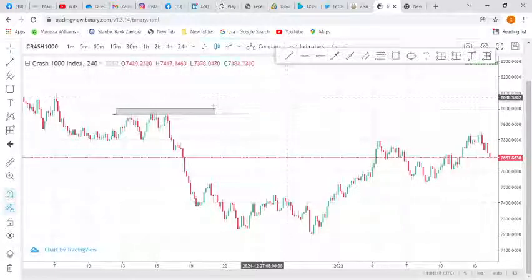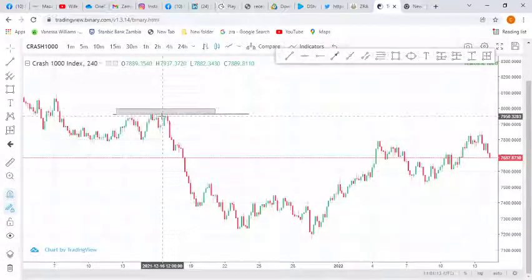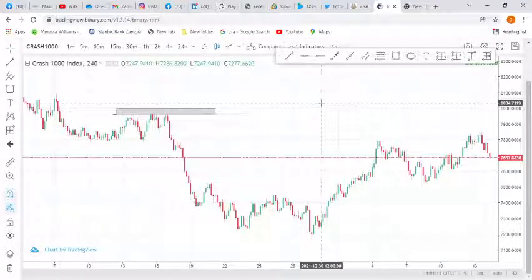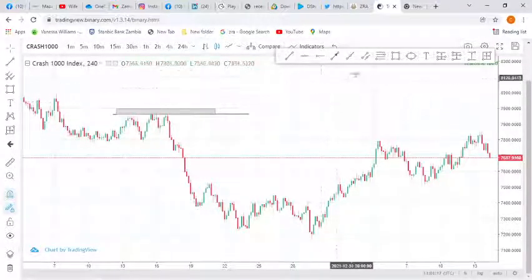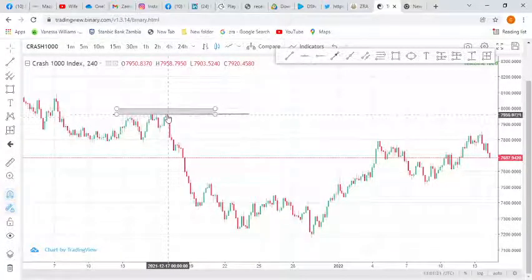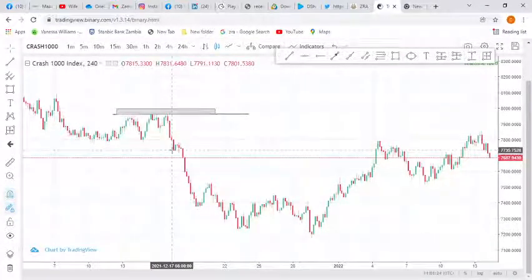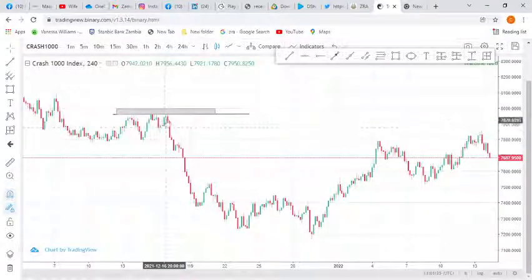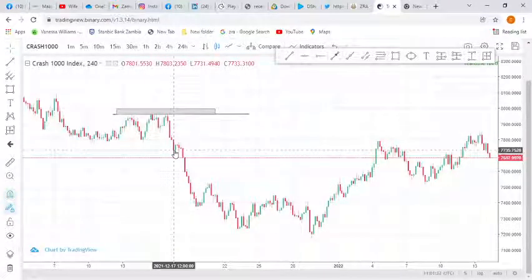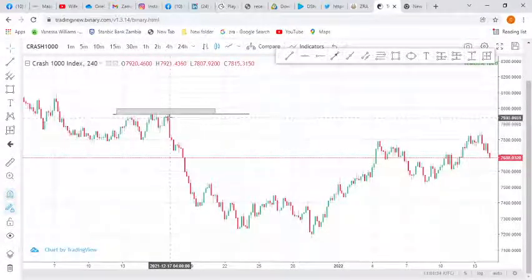In this case, we have seen a resistance, and after seeing that resistance, we have seen a rapid movement of the market from here up to there. You see, there is no change of color of any candle here. We have seen a red candle, red candle, red candle, red candle.